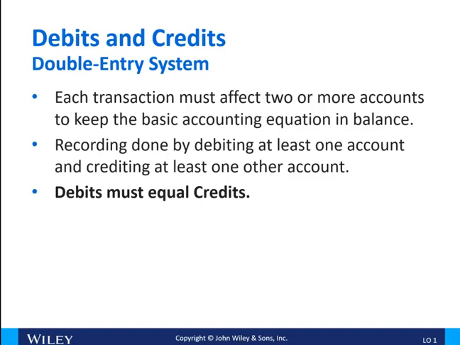We're going to talk more about that, but we're also going to talk about debits equaling credits. Those are two key things that we're going to hammer throughout this semester: that assets must equal liabilities plus stockholders' equity and debits must equal credits. Two truths that have to happen in every equation or every transaction.